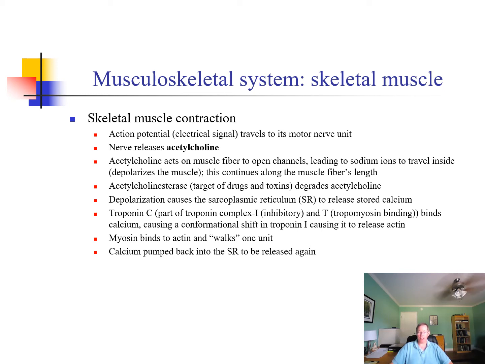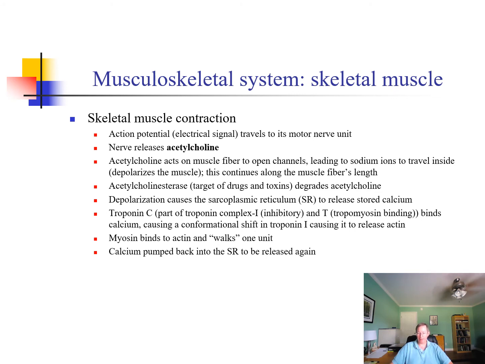Now, the neuromuscular junction is using acetylcholine, which is the neurotransmitter that's made in the nerve that's going to diffuse across that synapse. And when that acetylcholine acts on a muscle fiber, binds with its receptor, it will open sodium ion channels. And the concentration of sodium outside the muscle cell is greater than inside.